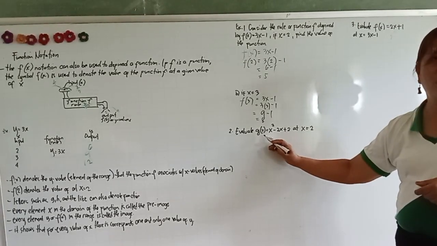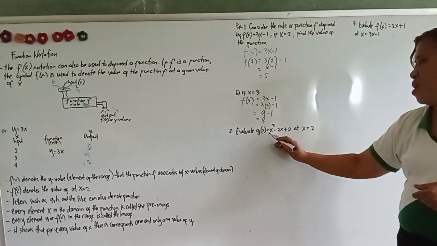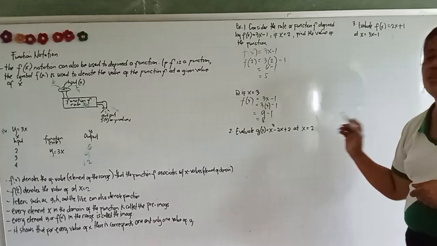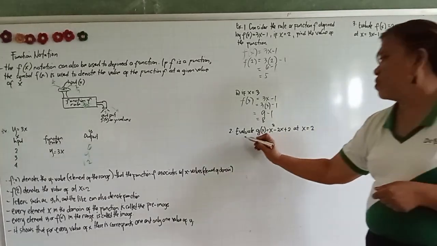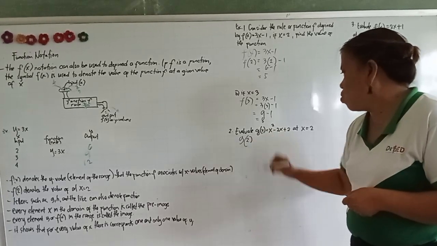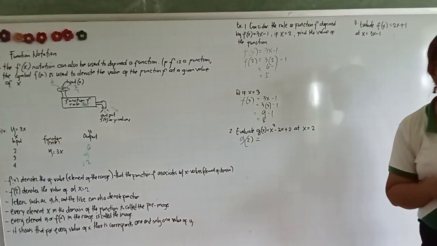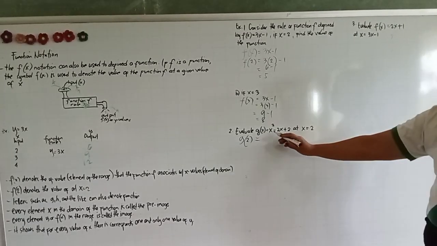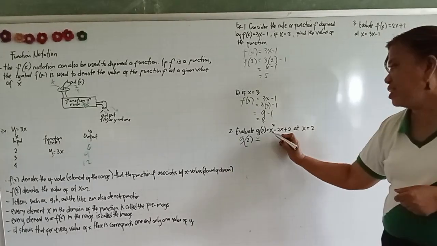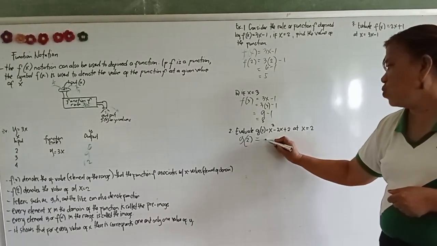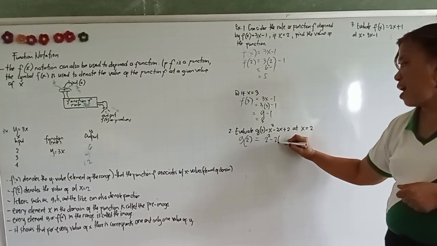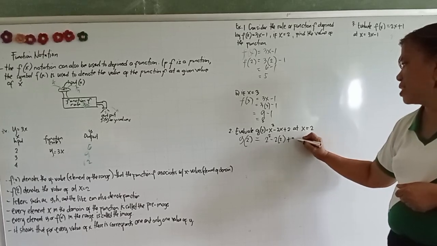Second example. Evaluate g of x. So we did not use f of x. g of x equals x squared minus 2x plus 2 at x equals 2. Okay, so the value of x is 2. Remember, guys, every x we replace with 2. So 2 squared minus 2 times 2 plus 2.